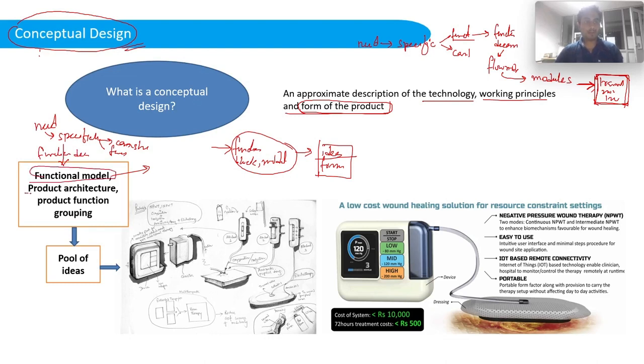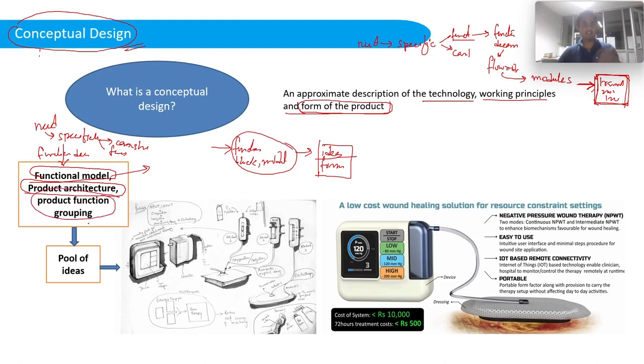And then we collect statistical information from customers and population, and we try to understand what sort of product architecture and modular design is required. And then we categorize various functions into groups, and that's what we did in the last class.